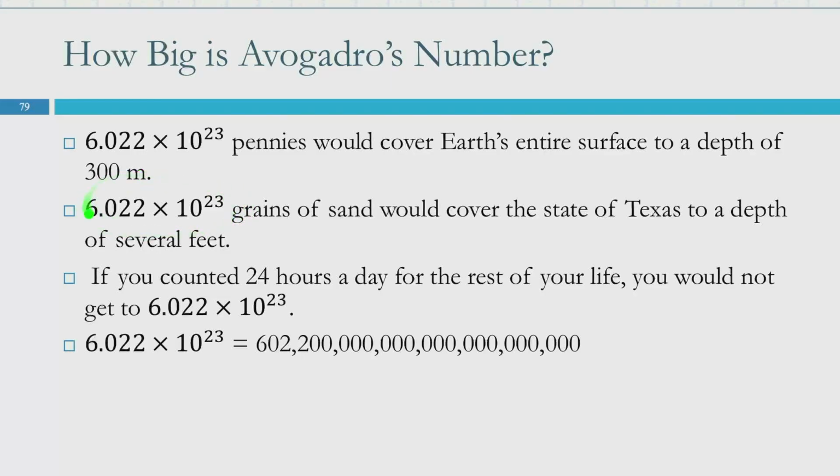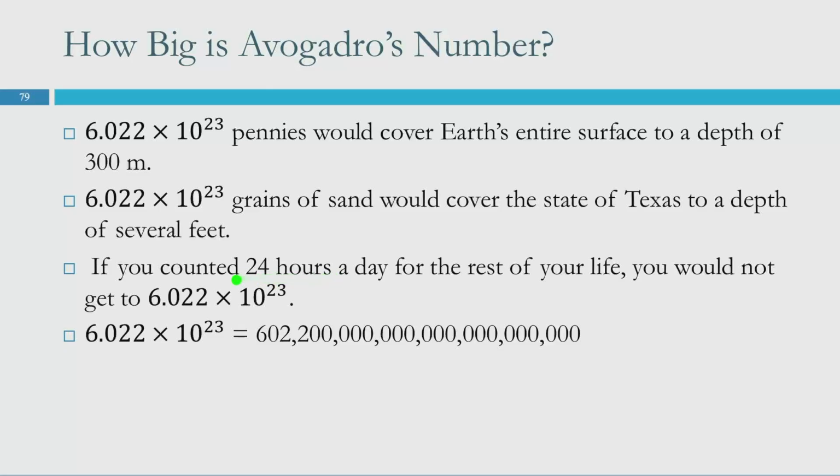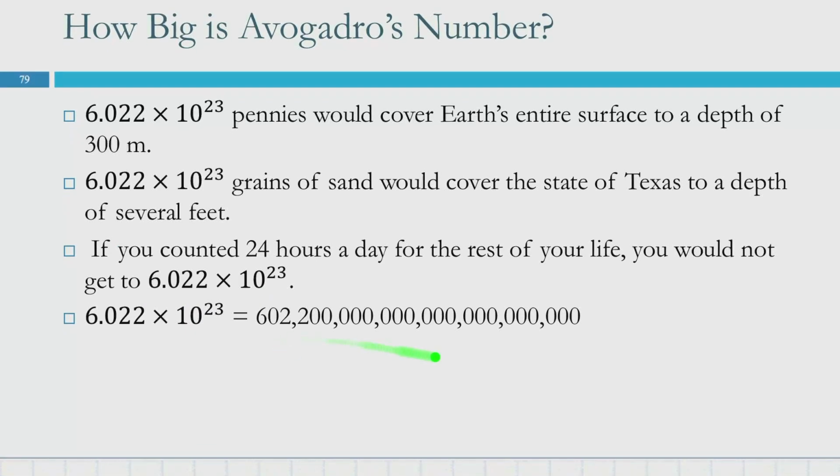If you took an Avogadro's number of grains of sand, that would cover the state of Texas to a depth of several feet for the entire state of Texas, which is a lot of sand, because sand's really small. It's a lot smaller than pennies. If you counted 24 hours a day for the rest of your life, you would not be able to get even close to Avogadro's number. And here it is with all the commas in there so you can kind of get an idea of how big it is.